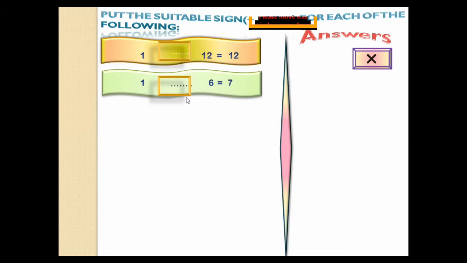So what is the suitable sign we can put here? 1 plus 6. Yes, 1 plus 6 equals 7, because if you add 1 to any number, you will get the number that comes after. And here we have 6, and the result is the number that comes after 6. So the suitable sign here is plus.